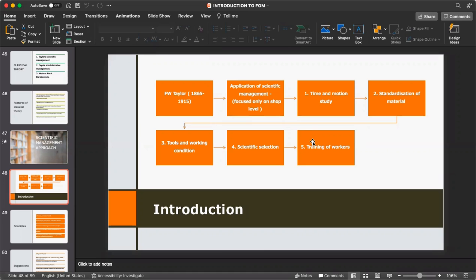Make sure Taylor's principle is based on floor level managers and floor level workers only, and how we can improve the efficiency for the same. Anyone having any idea what is time and motion study?